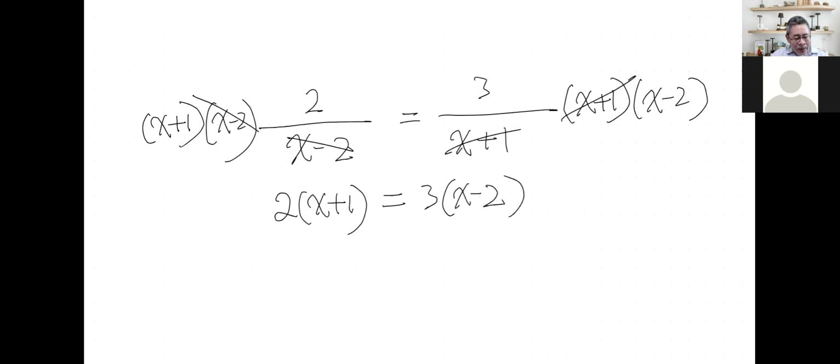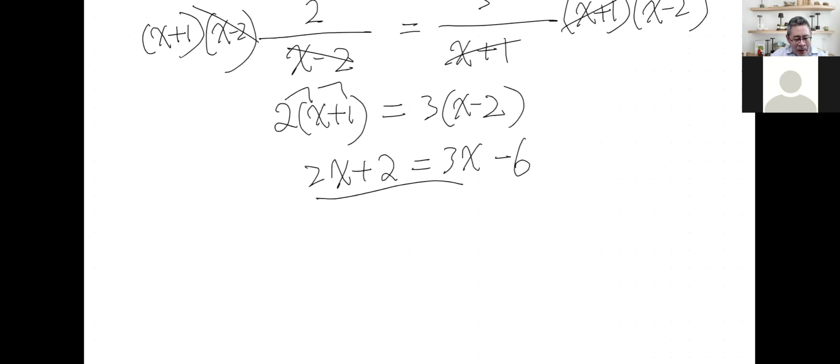Are we here? Good. Okay, then we just distribute. We got 2x plus 2, then 3x minus 6. And I like dealing with positive numbers, so I'm going to flip this one. Make that into 3x minus 6 equal to 2x plus 2.